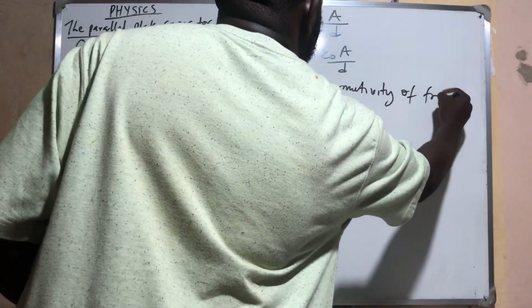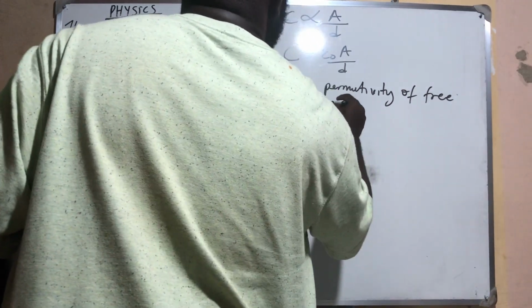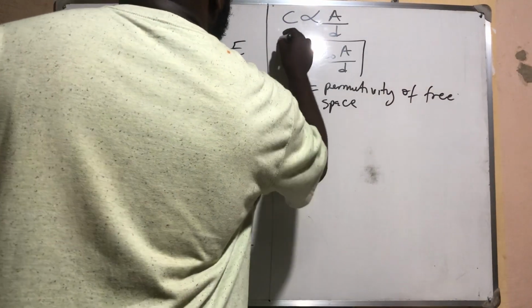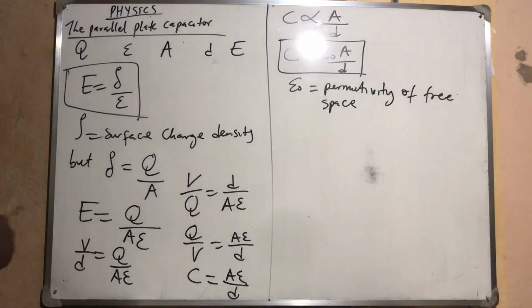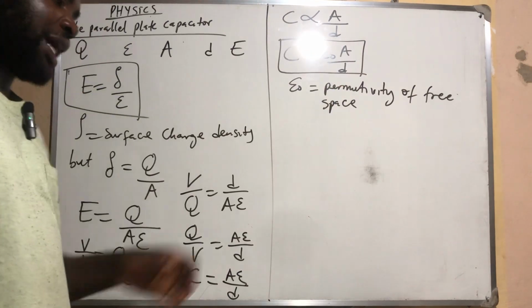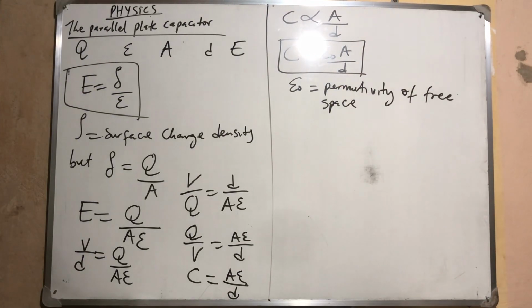This formula is very, very important to note. What affects the capacitance of a capacitor is the area of the plate and the distance apart. Those are the two major things.